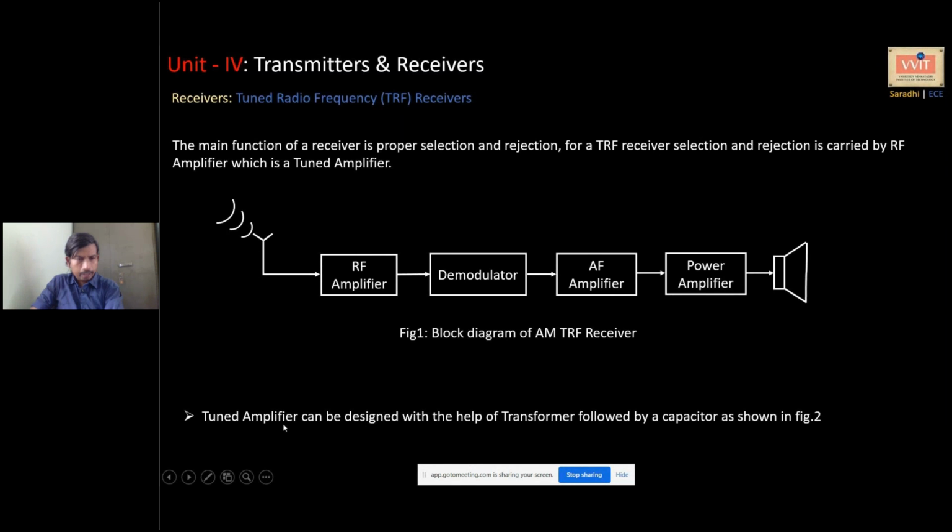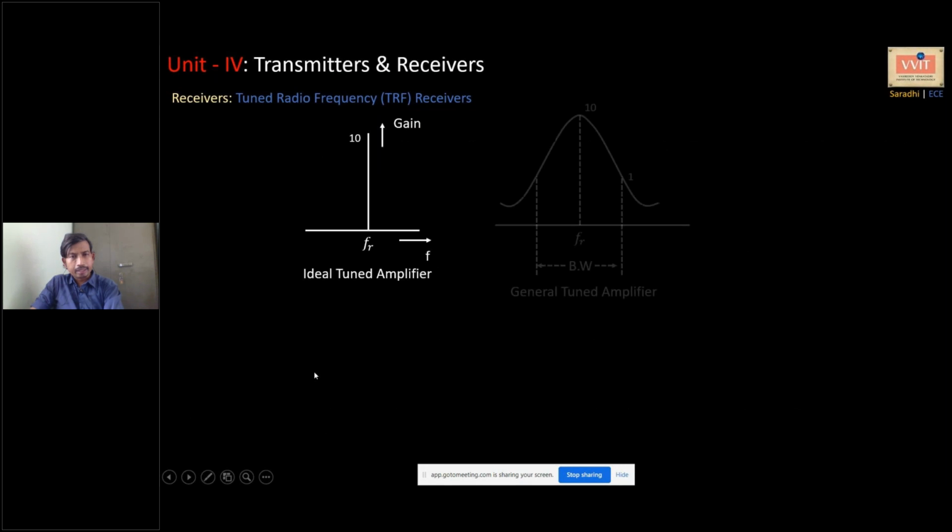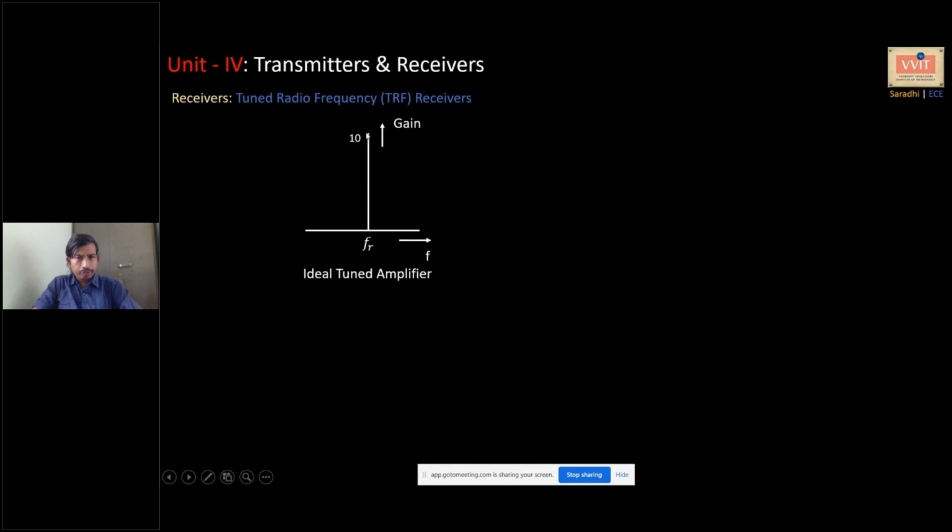But this particular thing, tuned radio frequency, has some difficulties. First of all, let us see this RF amplifier. The RF amplifier is simply a tuned amplifier. This is the ideal characteristic of any tuned amplifier. Suppose this is the resonant frequency or operating frequency, and it should select only that frequency. So if this is the spectrum of an ideal tuned amplifier, the gain should be very large at this resonant frequency and the bandwidth very small.